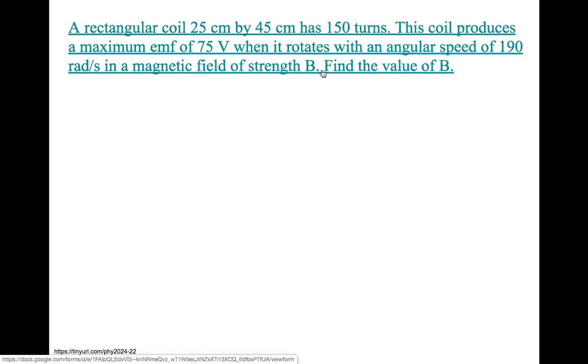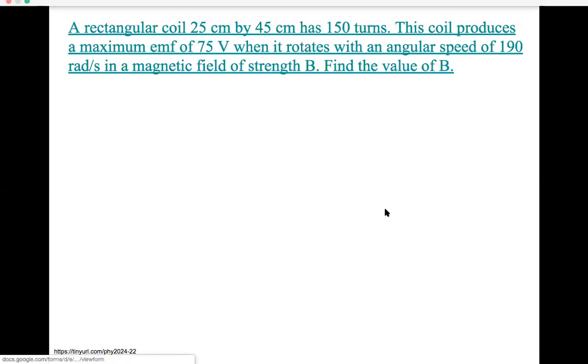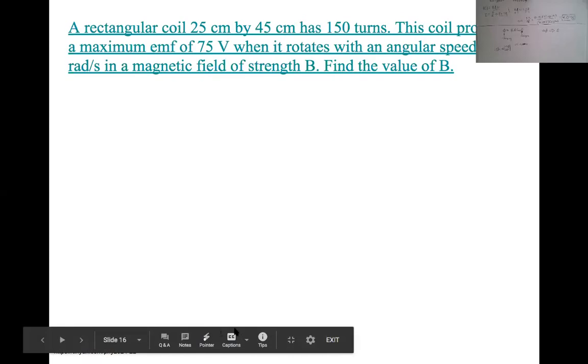I think this one is quite straightforward, so let's look at the solution together.